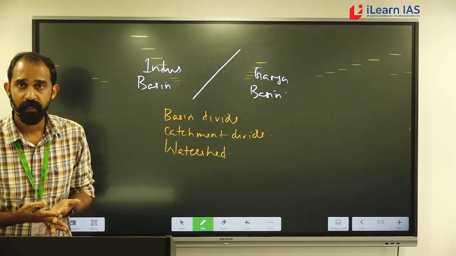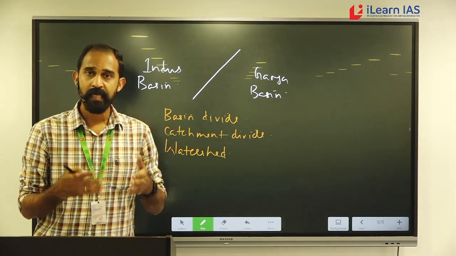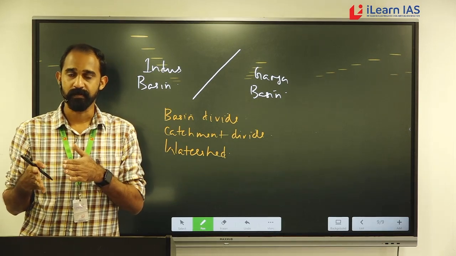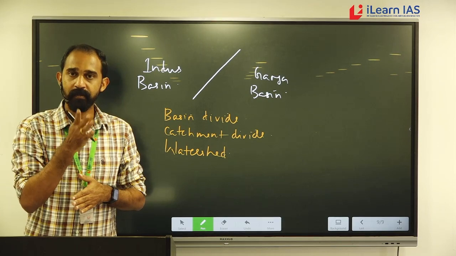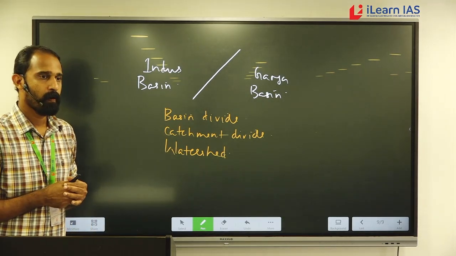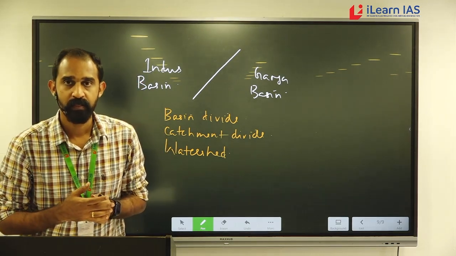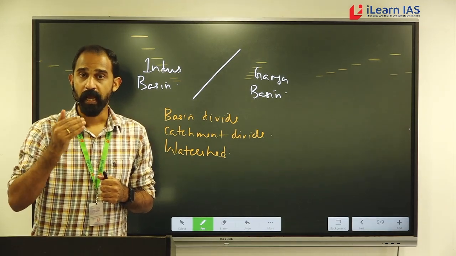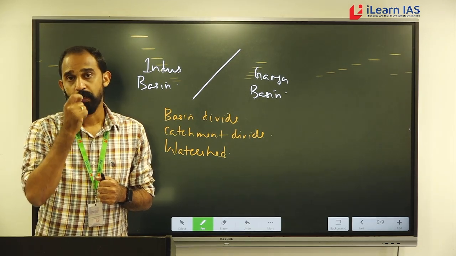Say, for example, if you see a sentence like this, Aravallis act as the watershed between Luni river system and the Ganga river system, or Luni basin and the Ganga basin. There the meaning of watershed is water divide. On the other hand, if you see a statement like this, watershed development program is an important development program for the Ministry of Rural Development.